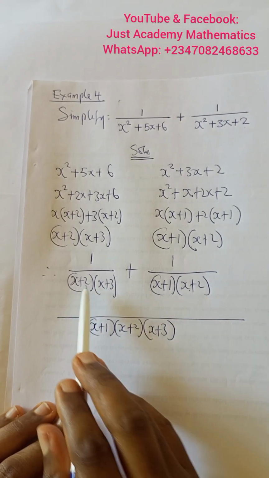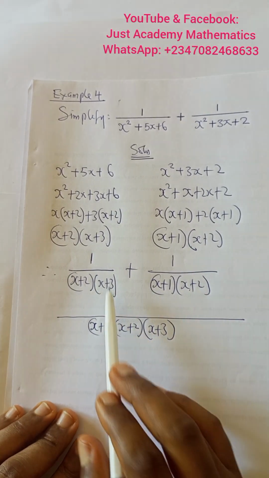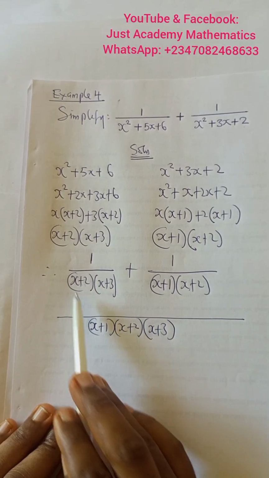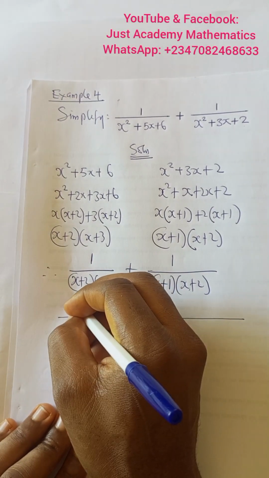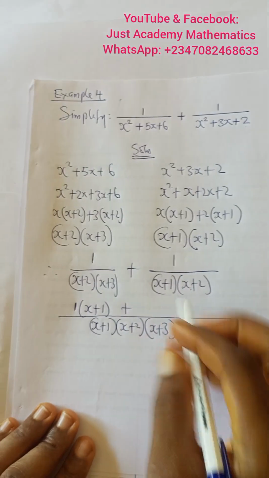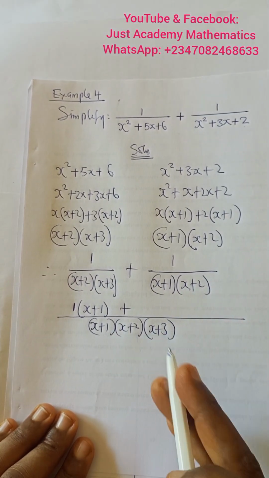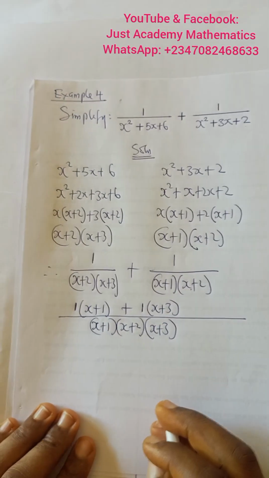We'll pick one of the common s plus 2. So the whole of these two go into this. This will cancel this and this, remaining s plus 1. So here will give us 1 times s plus 1. Plus, when this goes here, this will cancel this and this, remaining s plus 3. So here will give us 1 times s plus 3.